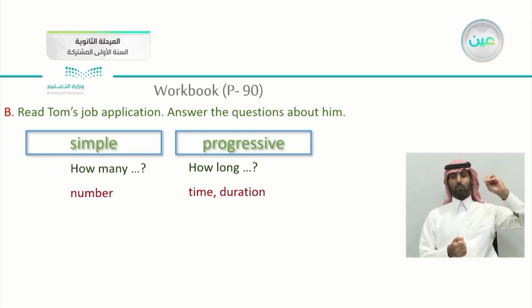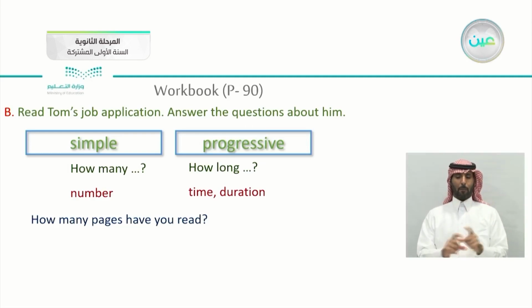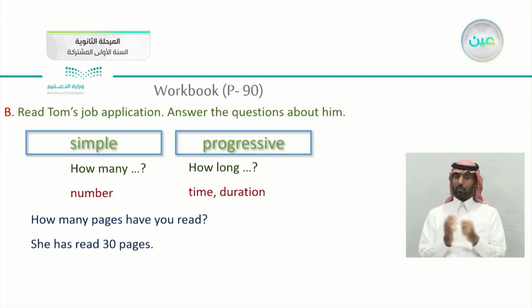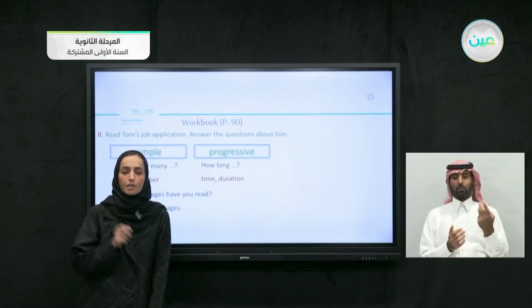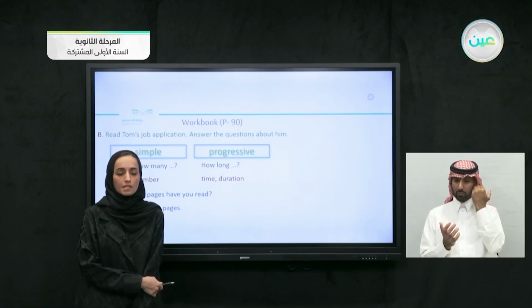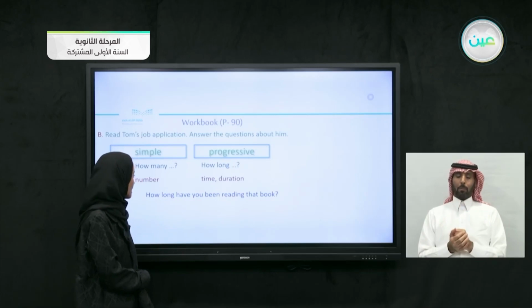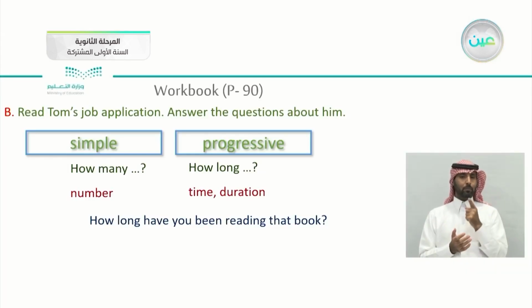How long? So, with simple, we can say, how many pages have you read? Notice how many have you read. We will use has or have with verb number 3. She has read 30 pages. Notice the number 30. It means it is a number, not time. Then, how long have you been reading that book?